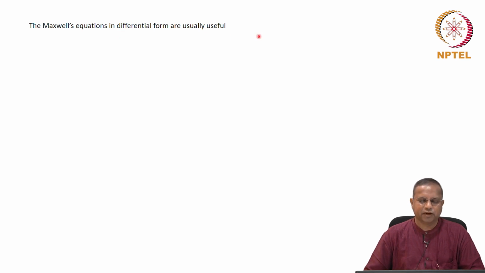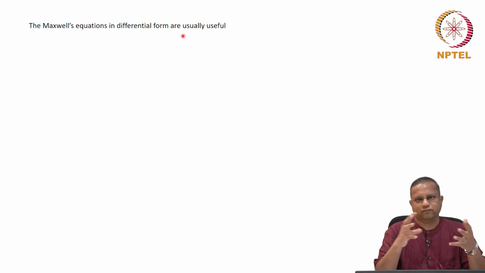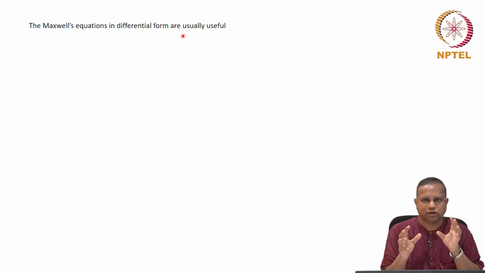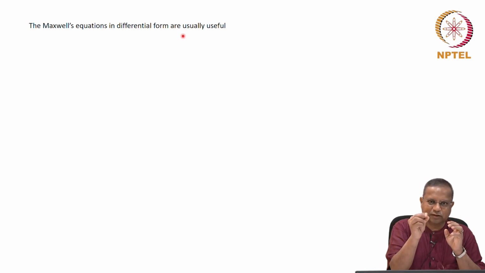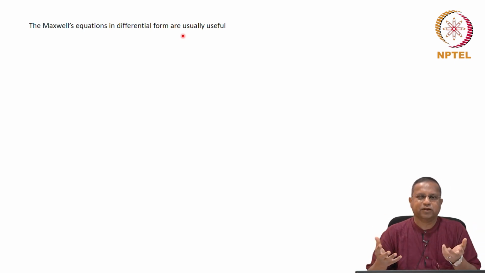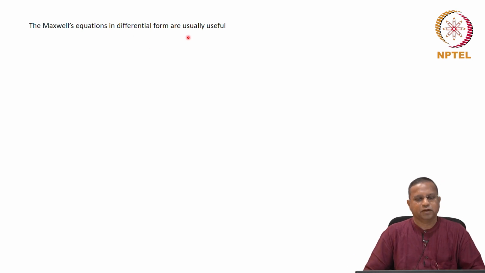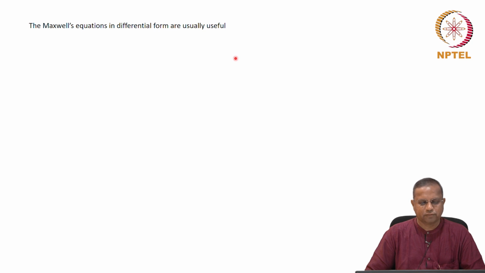Typically, the differential form is useful because you can apply it to a small part of a system which could vary in many directions. Those relationships, by applying these principles to a differential element, can then be integrated to get the overall picture, which would be more complete. Therefore, the Maxwell's relations in differential form are usually useful. Let us see how to go from the integral forms to the differential forms.